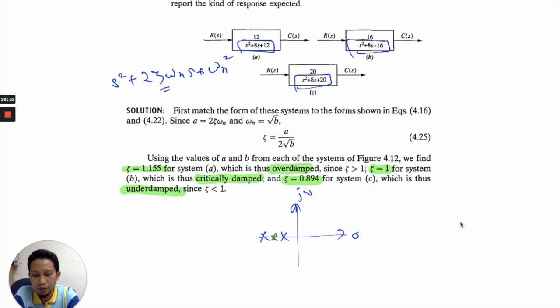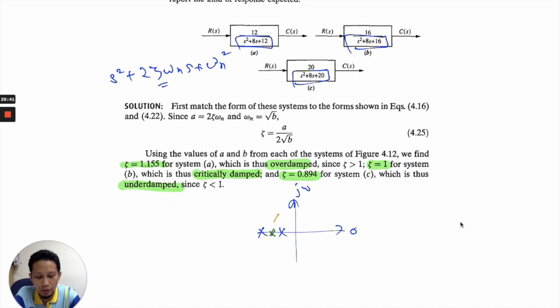And finally, in figure C, the zeta value is less than 1 and greater than 0, which is located in this quadrant, where the response of the system is underdamped.